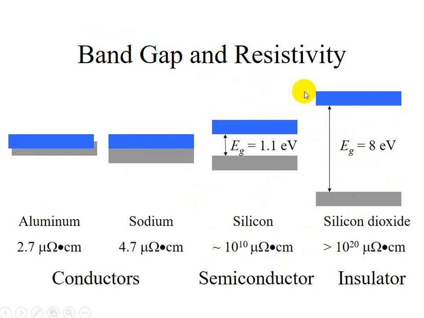Okay, based upon the energy level between the valence band and conduction band, we will be able to define the so-called conductor, insulator, and semiconductor.